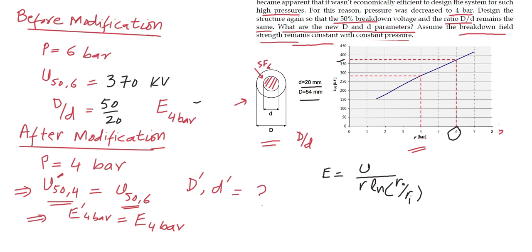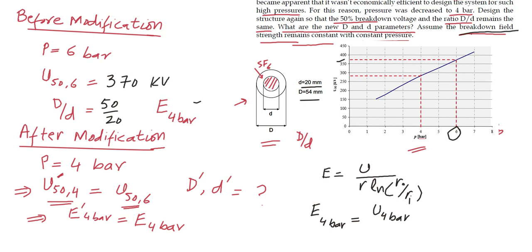Here at 4 bar, E at 4 bar will be equal to U at 4 bar, and we are talking about breakdown field strength.